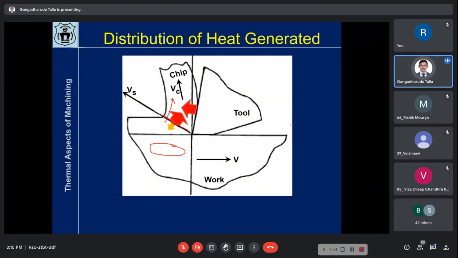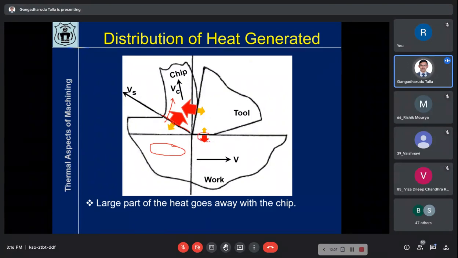If you take the secondary zone, again the majority of the heat generated goes into the chip, and some minor portion goes into the tool. In the tertiary zone, again the majority goes into the workpiece and a very small quantity goes into the tool.